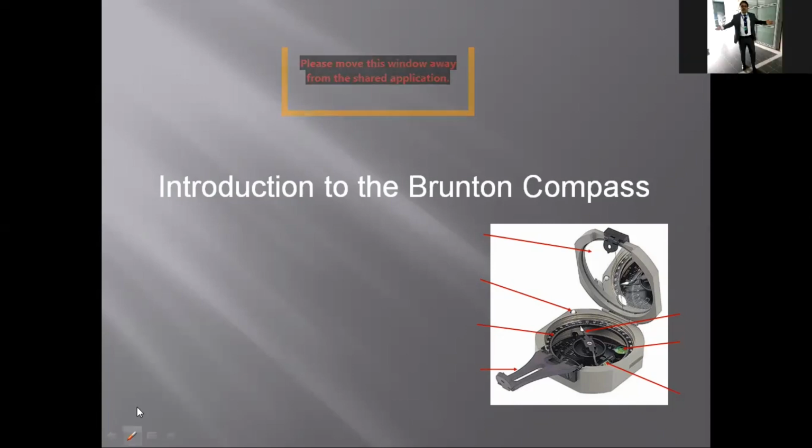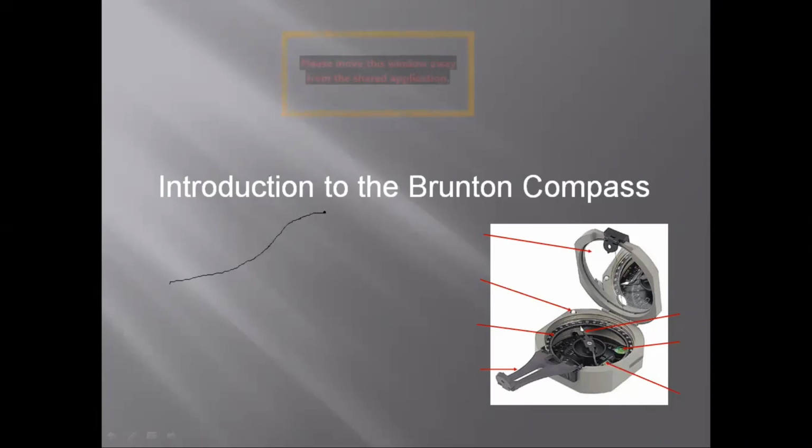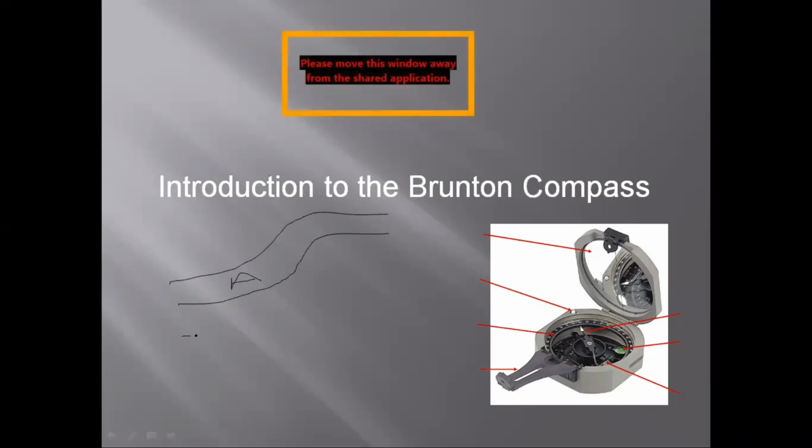Normally, when we see a rock unit in the field, we just plot that rock unit like this. For example, this is rock unit A, then we have another rock unit, and then we have another rock unit, that is B, and that is C. We are talking about the map.